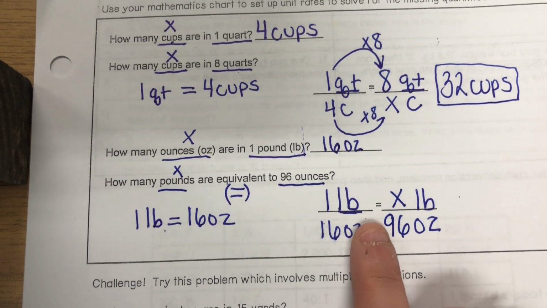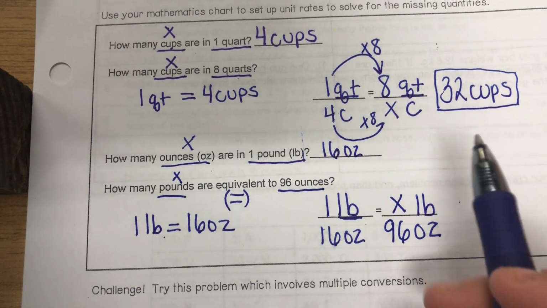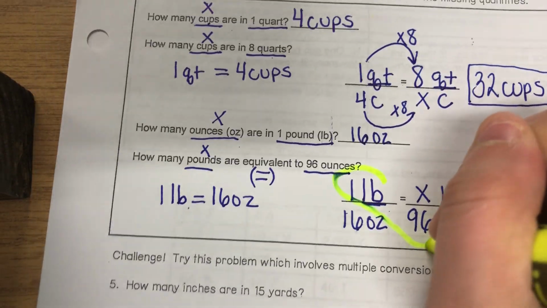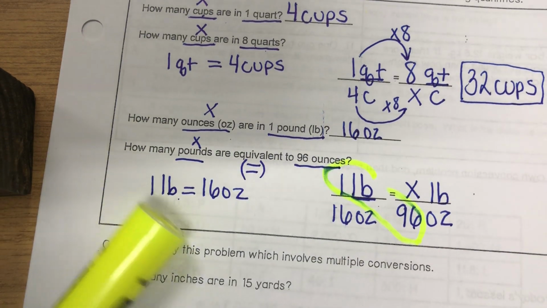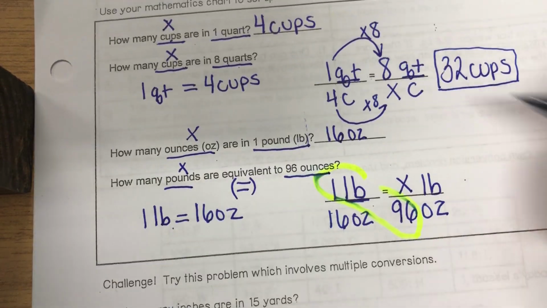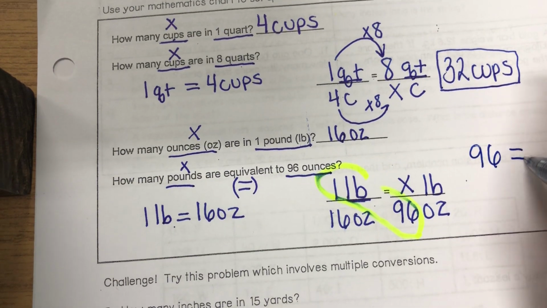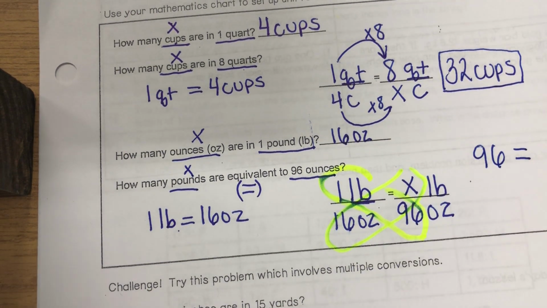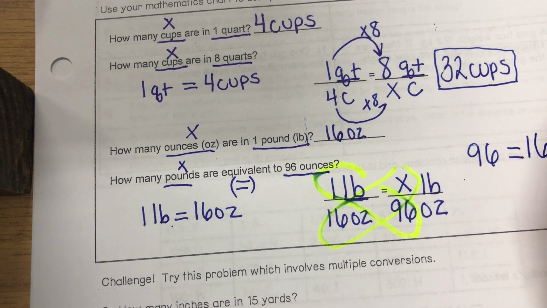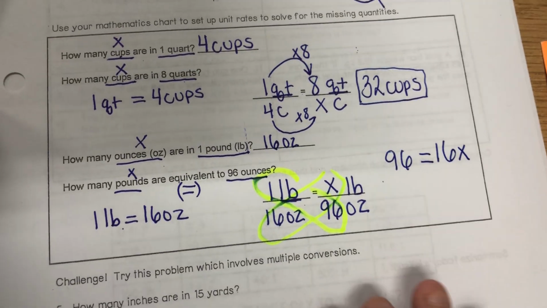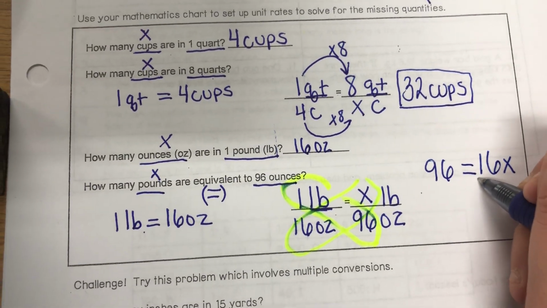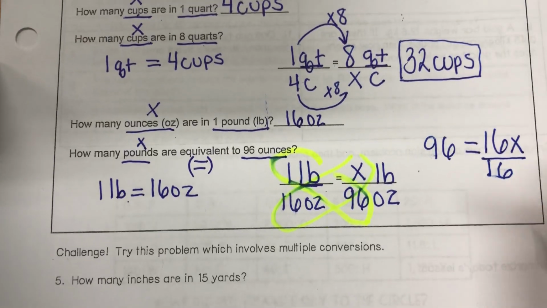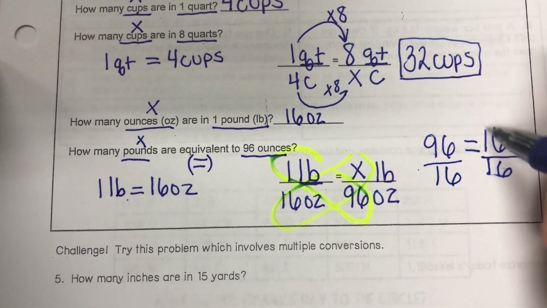Now what you have to do is cross multiply. So I know 96 times 1 is 96, which is equal to 16x. To get x by itself, I'm going to divide both sides by 16.